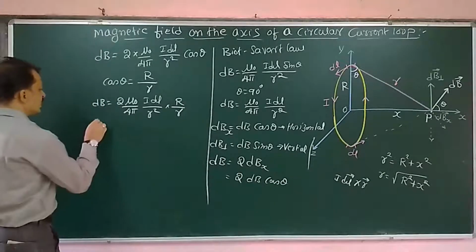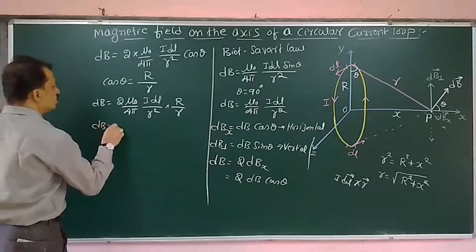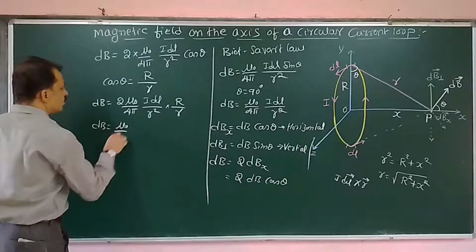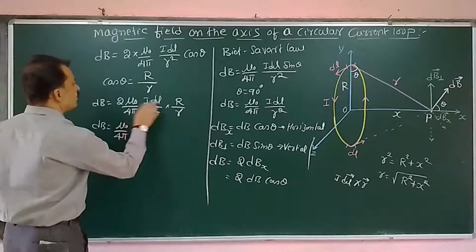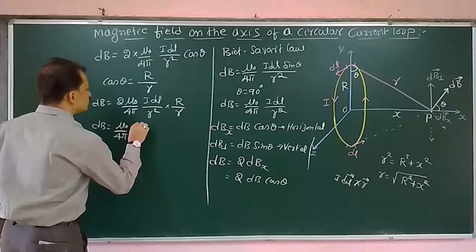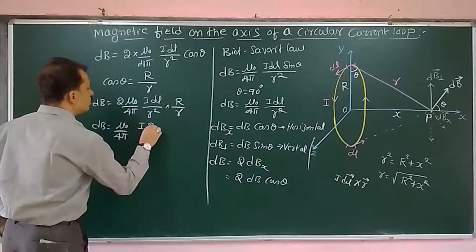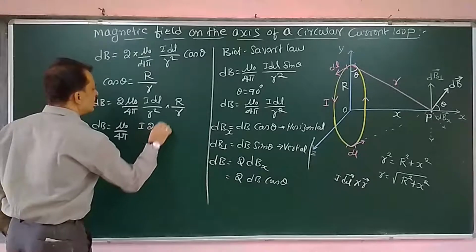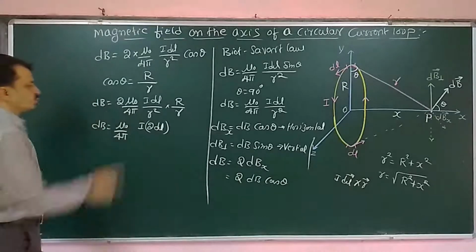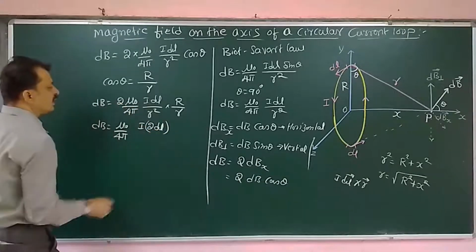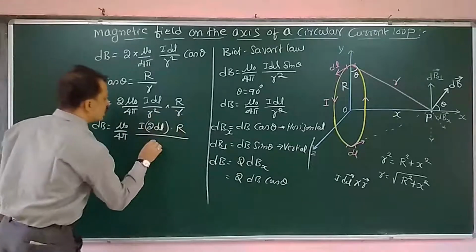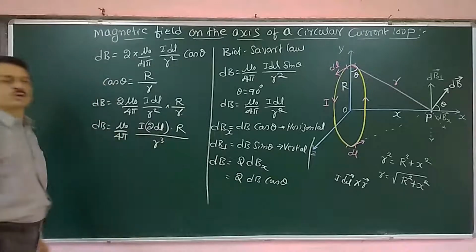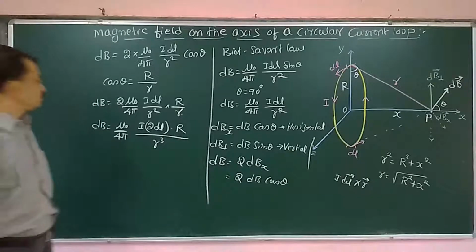Now rearranging the terms, dB is equal to, taking mu naught divided by 4 pi as a constant, I into 2 dl, combining these two, into R divided by r square into r. It is r cube. Clear?